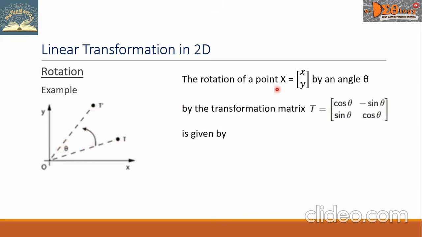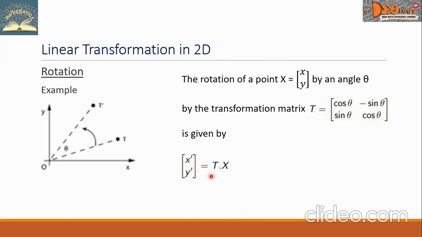The rotation of a point X equals the column matrix x, y, by an angle theta, by the transformation matrix T equals the 2 by 2 matrix cosine theta, negative sine theta, sine theta, cosine theta respectively is given by the new point x prime, y prime respectively.